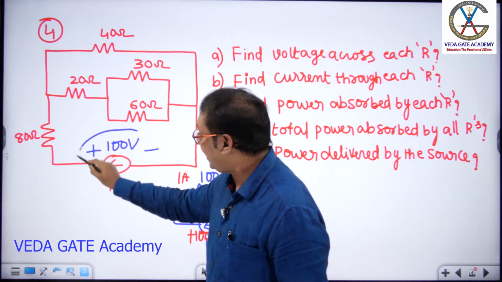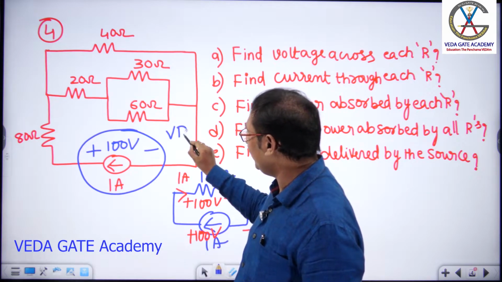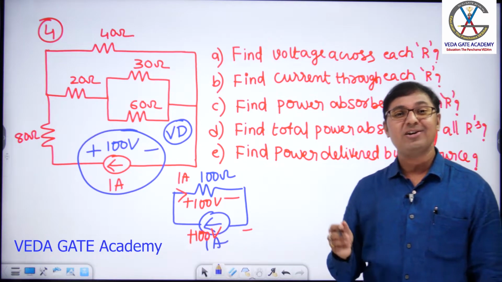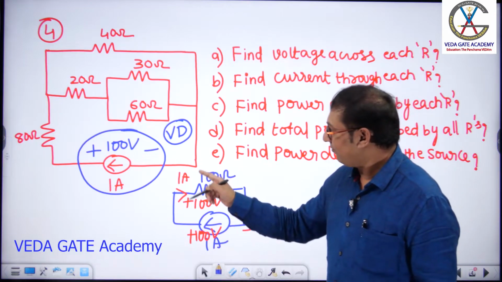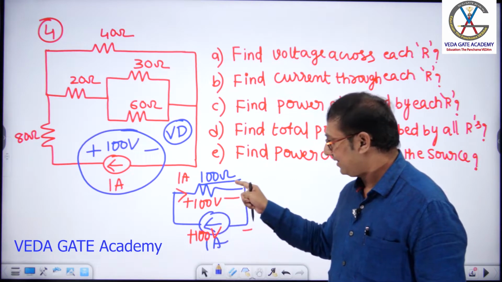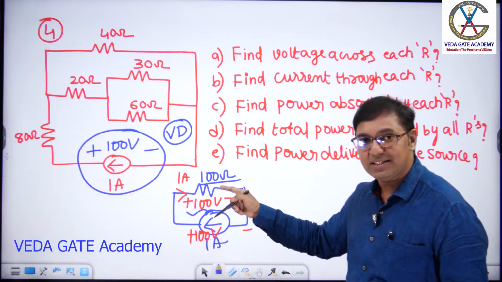Once you know the voltage across the current source as 100 volts, easily you can apply voltage division, similar to the second problem, and find voltage across each R. I repeat my statement: finding R equivalent, which is 100 ohms, with 1 amp current flowing like this, this voltage is 100 volts.